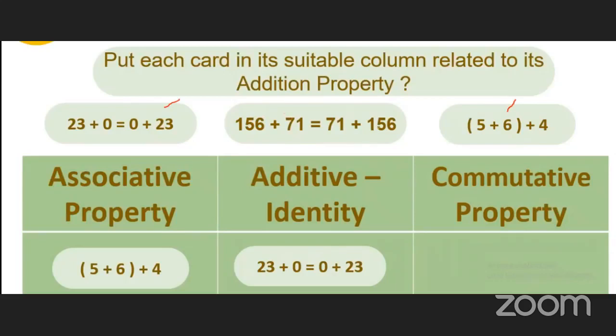So I write 156 in the place of 71 on the other side, and 71 will be written at what? At 156 on the other side. So the commutative property is the last one, and the second one here is 156 plus 71 equals 71 plus 156.